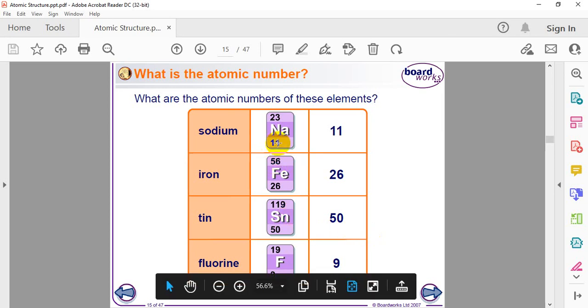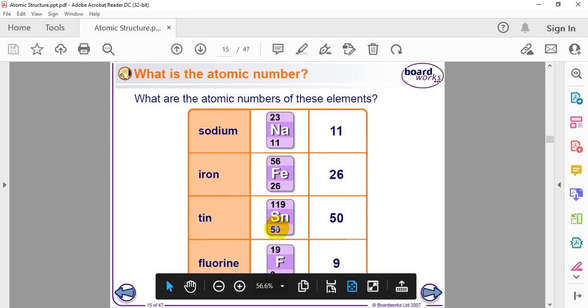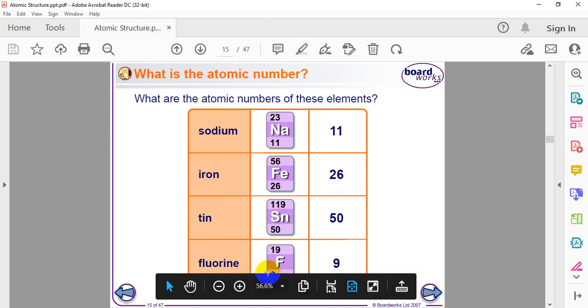Starting with sodium, which has a mass number of 23 and an atomic number of 11. Iron has an atomic number of 26. Tin, whose symbol is Sn, has an atomic number of 50. Fluorine, atomic number of 9.